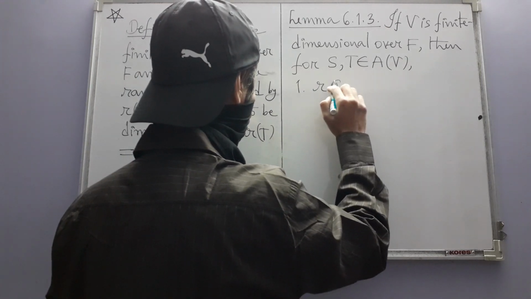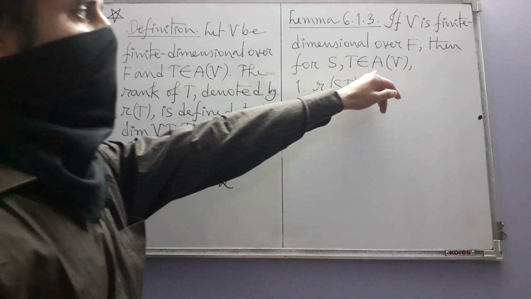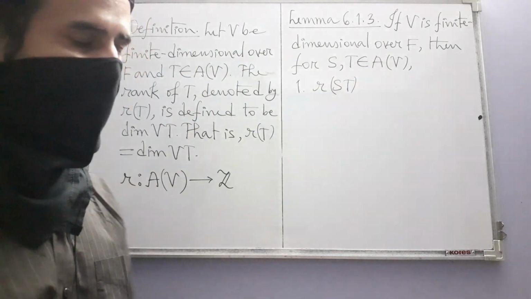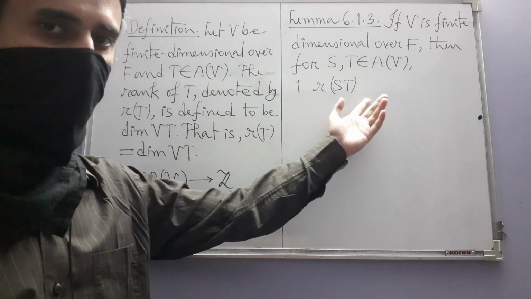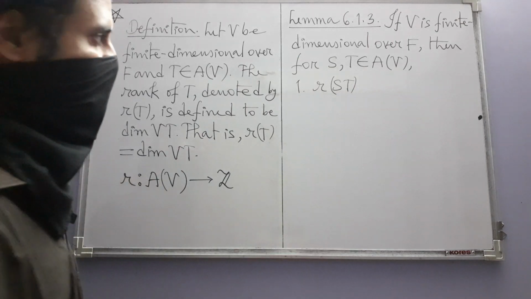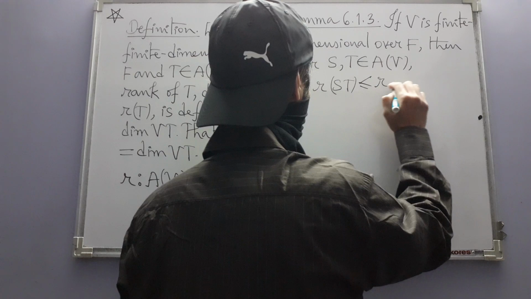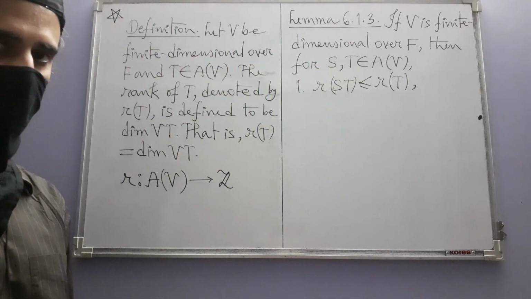The rank of ST, the rank of the product, because you see, we are in an algebra, so we can take the product of two algebra elements. In our particular case, this just means the composition of the operators S and T. This is less than or equal to the rank of T. This is one inequality.